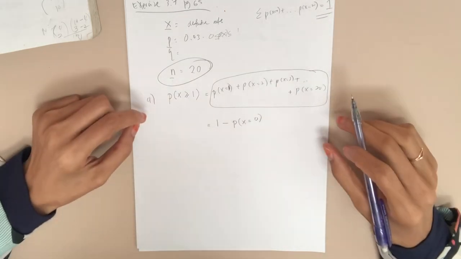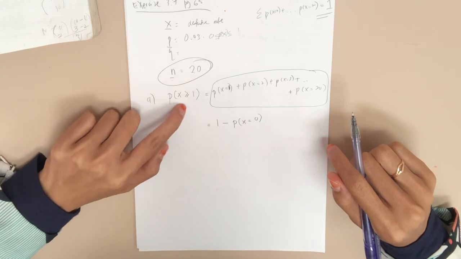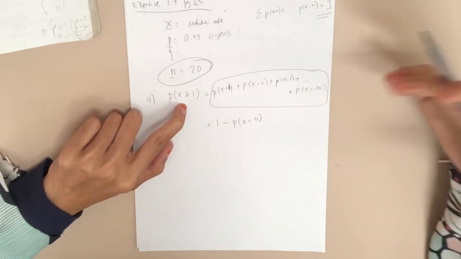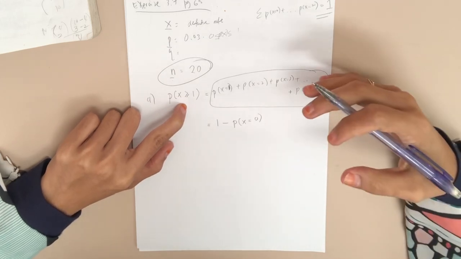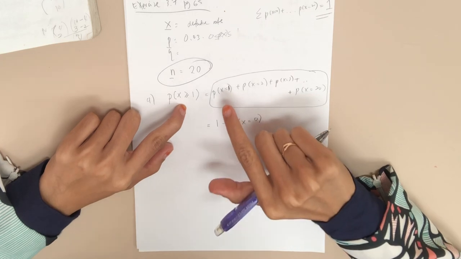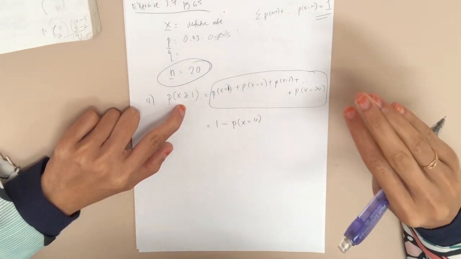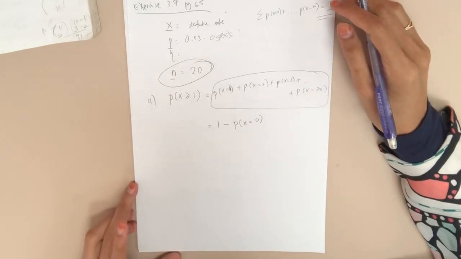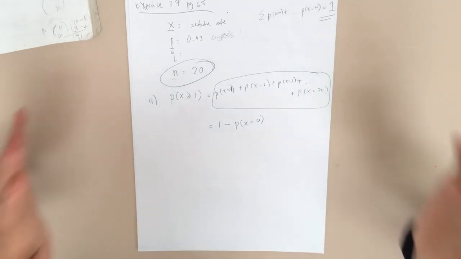So now we go back to our question. The question asks you to find X greater than or equal to 1. And we know that if we do this, it's tedious. There are so many things to calculate from P(X = 1) until P(X = 20). Definitely we don't have time if you do it in the final exam or test. You will lack time.